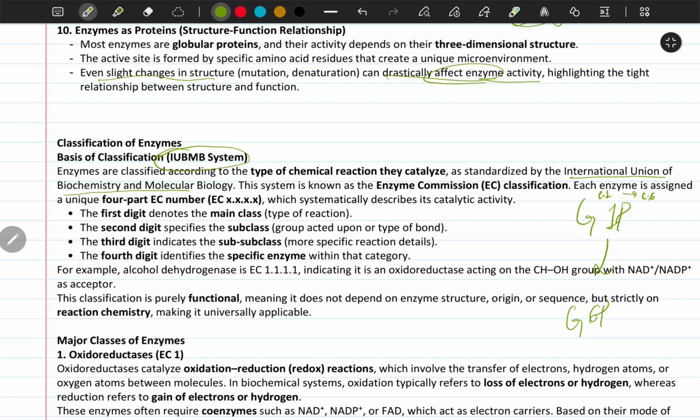Who is doing that? These are all different reactions, so according to the reaction, there are different types of enzymes.